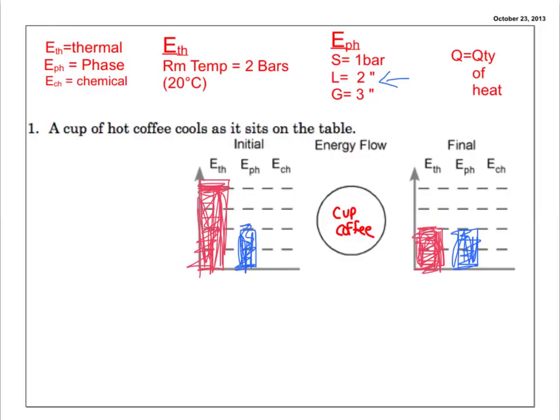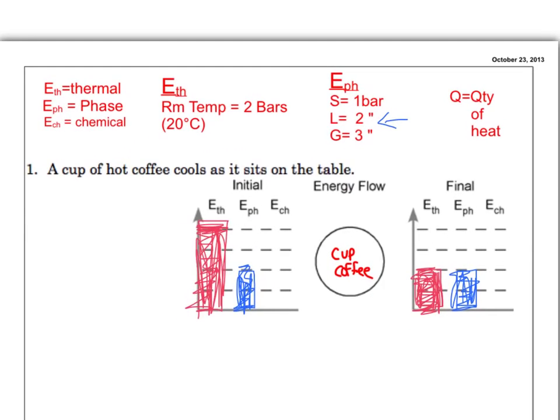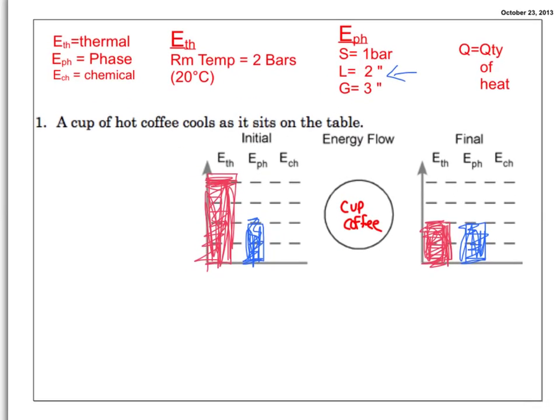Now, the last thing that we need to do is indicate whether we are putting energy into the system or whether we have energy coming out of the system. Well, in this case, we start out with 6 bars of energy here on the left, and we end with 4 bars of energy here on the right. So that means that we have decreased or lost 2 bars of energy.